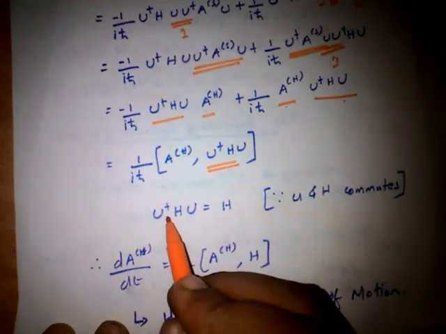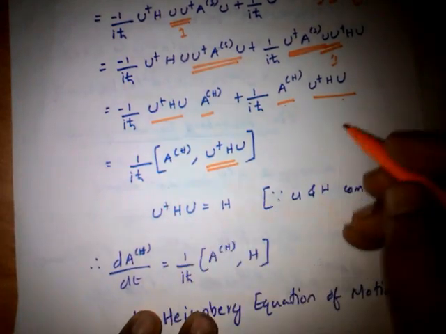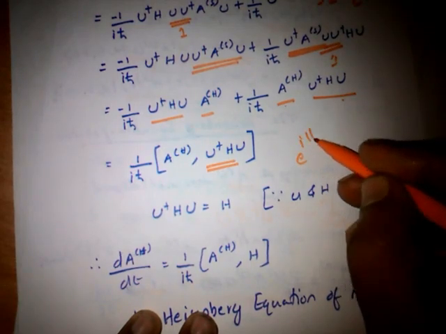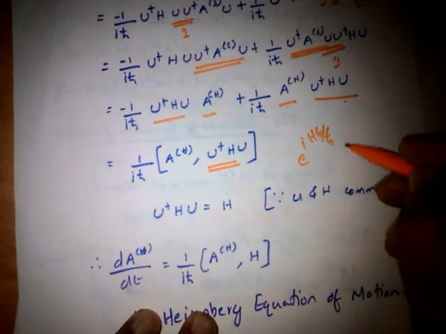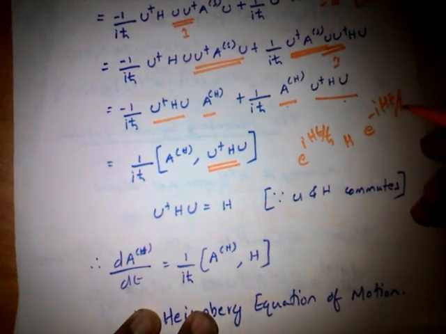Here U dagger H U equals H, because U dagger is e raised to i H t over h cross, and U is e raised to minus i H t over h cross.